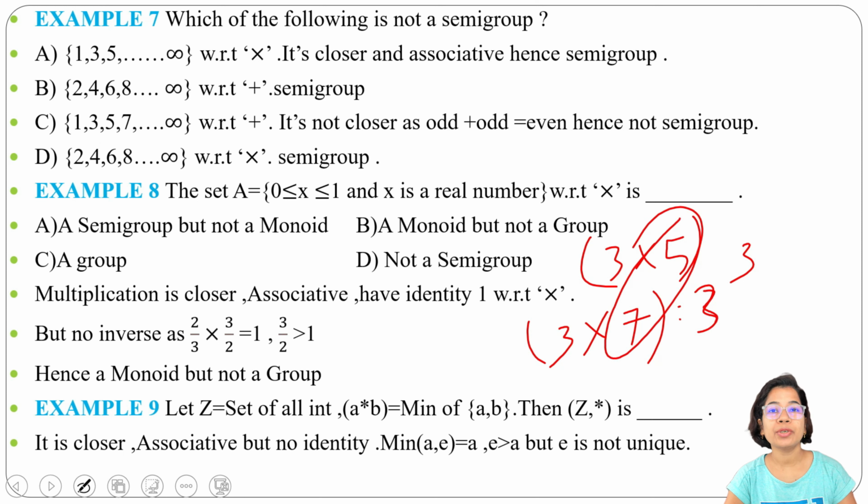No. There should be a unique identity element. But here we can take any larger number and we'll get the same number. There can be an identity, but as it is not unique, we'll not consider that. So this binary operation is closure, associative, but has no identity. As there is no identity, we don't need to check the inverse and commutative. So we can say it's a semigroup, right?